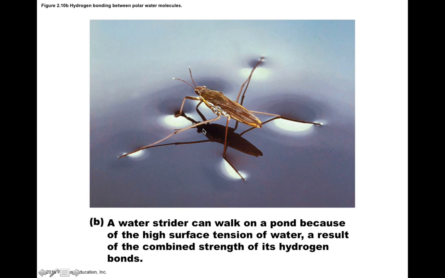And you have all seen hydrogen bonds before because this is one of the factors that helps explain surface tension. Surface tension is when the water molecules on the surface of water all line up at their poles, where the positive end of one water molecule lines up with the negative end of another. It creates a little bit of stickiness or tension on the surface of water, and some animals can utilize this for their survival strategies, like this water strider, which can utilize the surface tension of water to run on the surface of water.